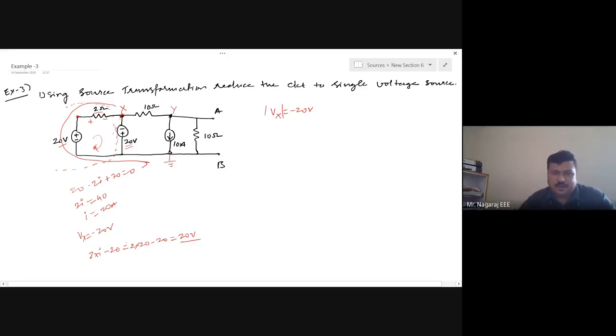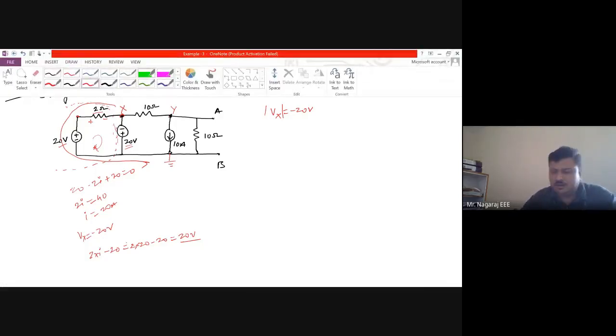Hence, the parallel things connected to that node can be neglected. This we already did in the first example, and there we had only 6 ohms. Here we have some voltage source also. So here we will write a comment, and is it clear with others? Is it okay?